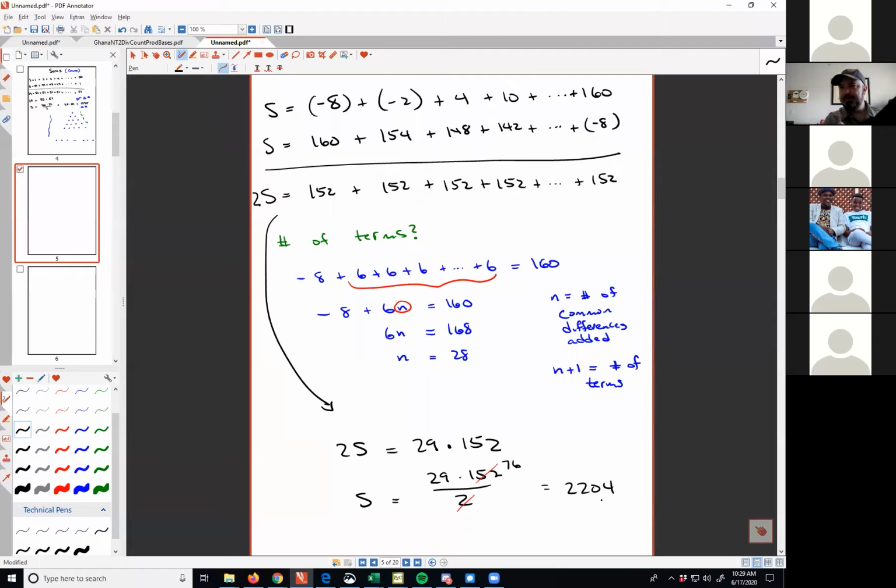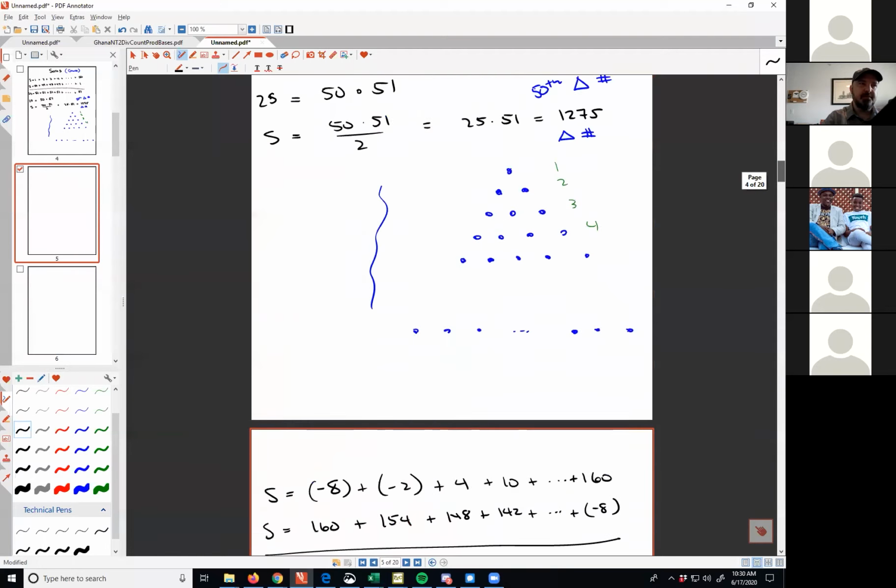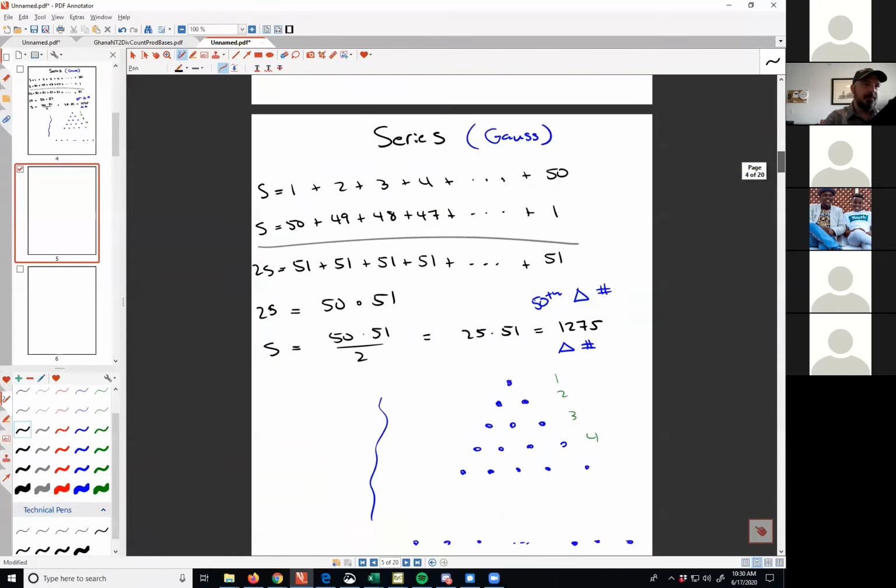Are we all in agreement? Yes. Good. That's correct. So this is a way to sum an arithmetic series. Name the beast, flip it around, count the terms.